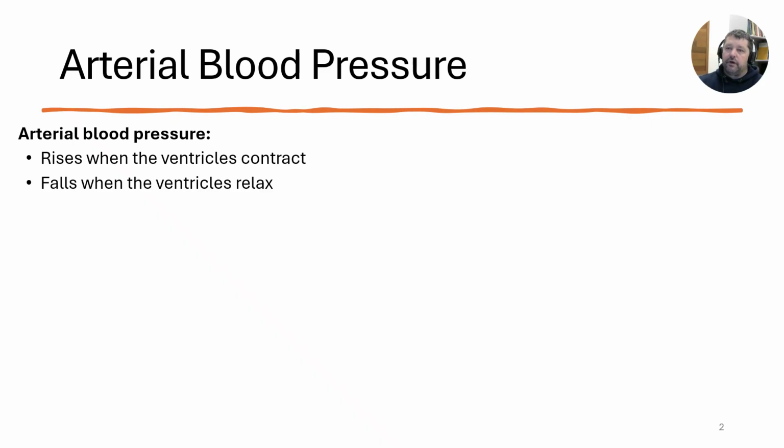Okay, and so how that works is blood pressure rises when ventricles contract, which is pretty intuitive. If the ventricle is contracting and forcing blood out, that's going to increase the blood pressure. And then when that ventricle relaxes and less blood is flowing out, the pressure should typically fall.